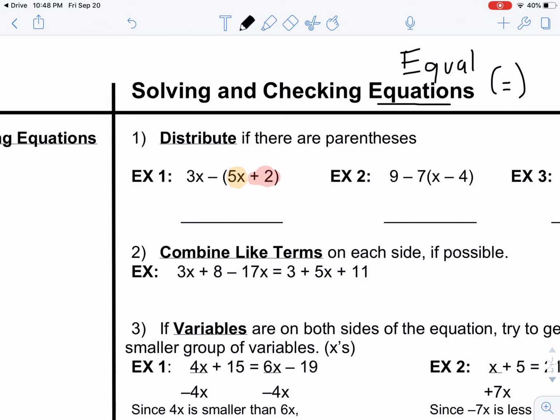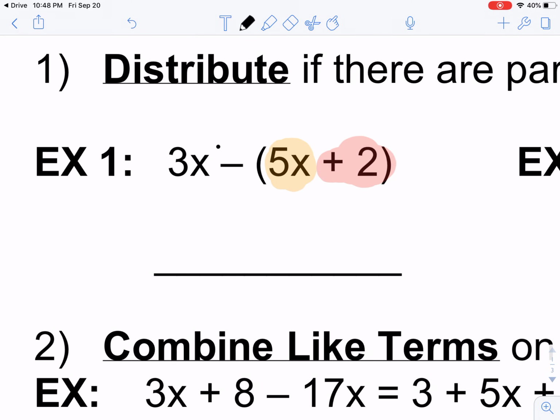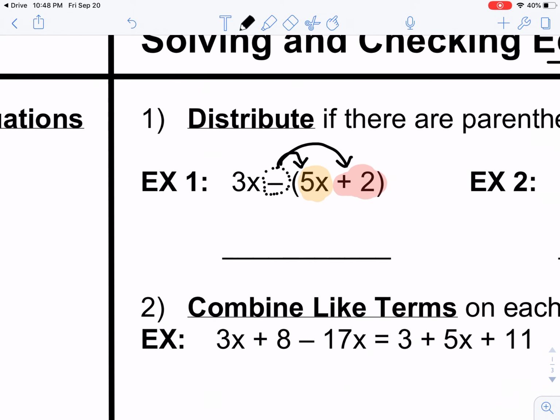So what we're going to do is take this negative and distribute it into the two different terms inside the parentheses, kind of like what we've been doing with flipping tiles.